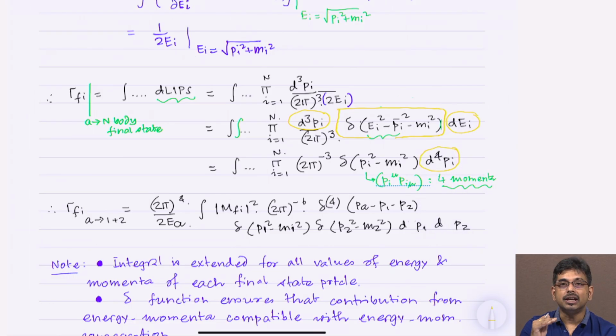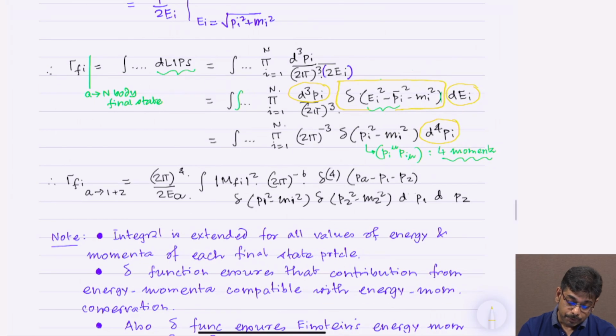This is turning out to be a beautiful expression, because although we said that d cube P by E is Lorentz invariant, we had a bit of a pinch of salt in our mind: how come this measure is written in terms of the 3-momenta? Ideally, if it is really Lorentz invariant, the measure should be in terms of the 4-momenta, not in terms of 3-momenta.